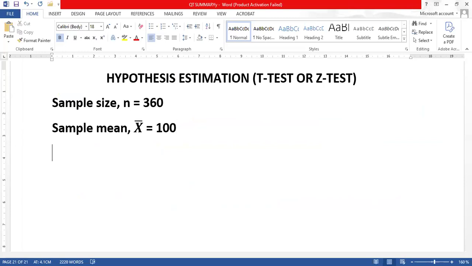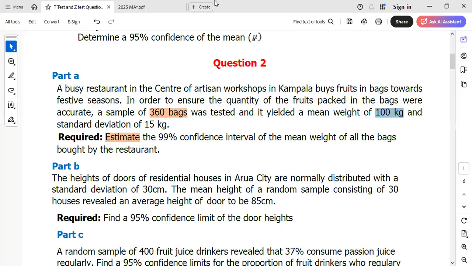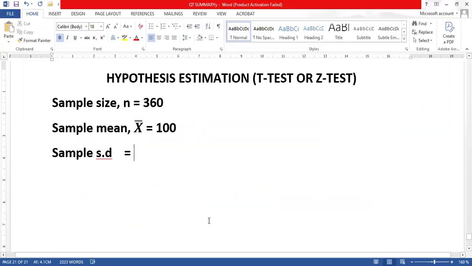And then we have the sample standard deviation, which is abbreviated as S. From the question, the sample standard deviation is 15.